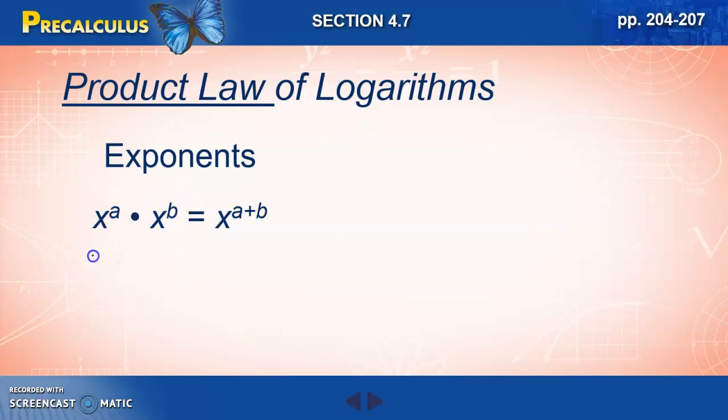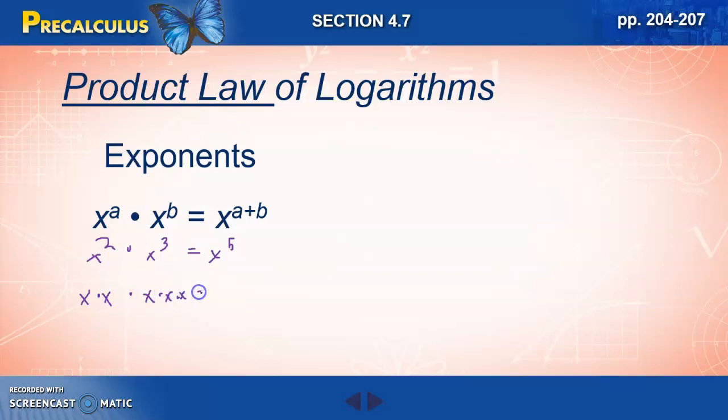Let's put some numbers with this, like x squared times x cubed. That should be the same thing as x to the fifth. If we were to write all of that out, we would have x times x in our x squared, bring down our times symbol, and then 3 x's being multiplied here.